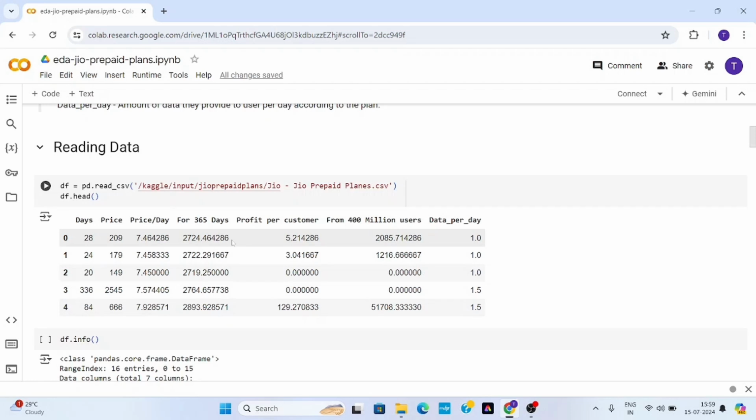Then, for each customer, how much profit the Jio company is getting, and for 400 million users, how much profit Jio is getting, and data per day, how much data is provided to them. For a 28 day plan, they are providing 1 GB per day. So this is the basic data details of the data set.